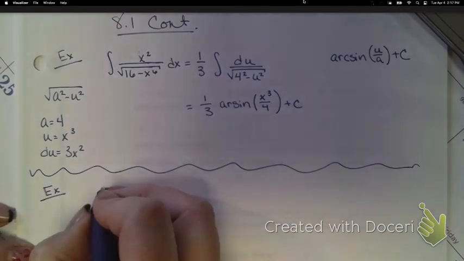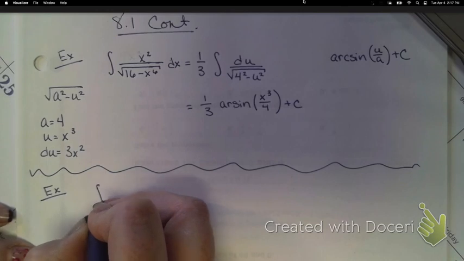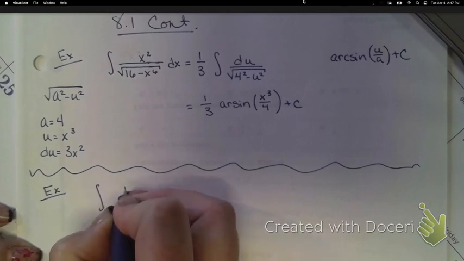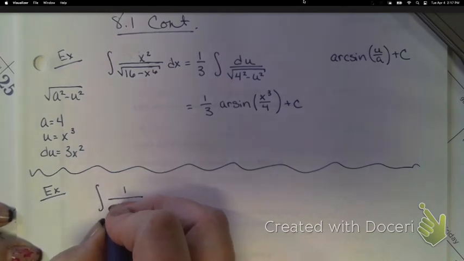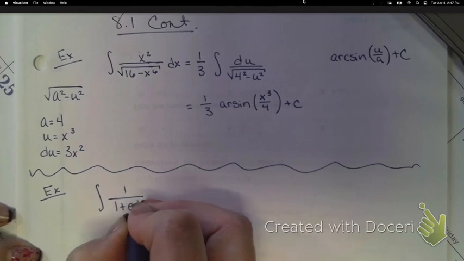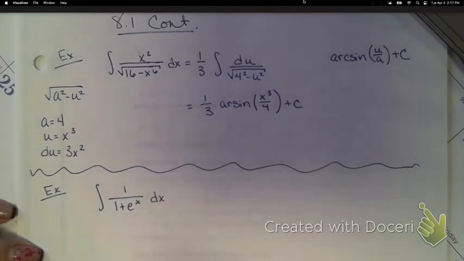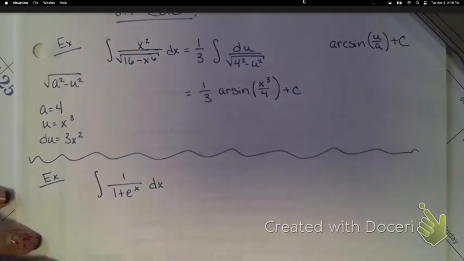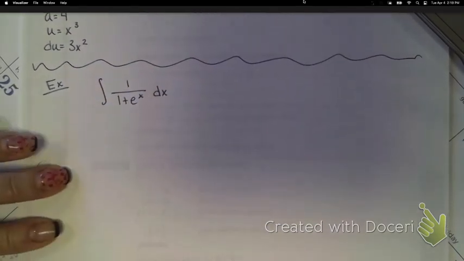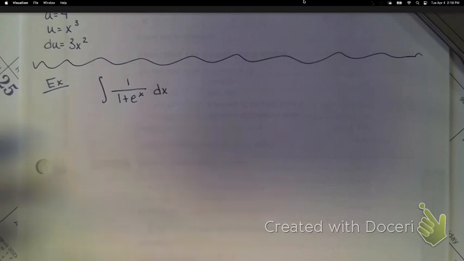So now we're going to have the integral of 1 over 1 plus e to the x dx. So what are we tempted with?